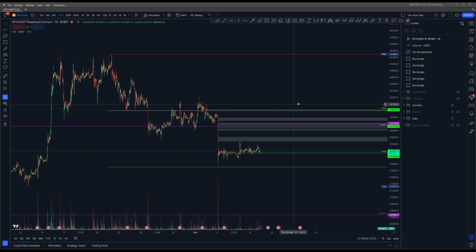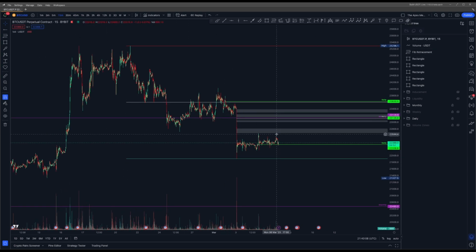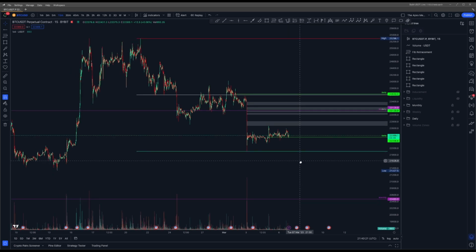Really, I would have liked to have seen a price, the higher you go for fair value gaps, the better the reversal potential is, because Bitcoin is still cheap down this end, remember, in comparison to where we've been between a high and low. So there's every chance that this might not be the zone in which we ultimately reverse. The higher you go, the higher the likelihood, just because of the value of the Bitcoin, let's just say.